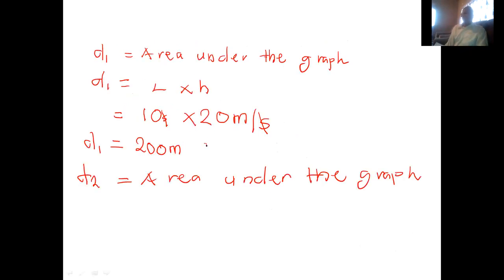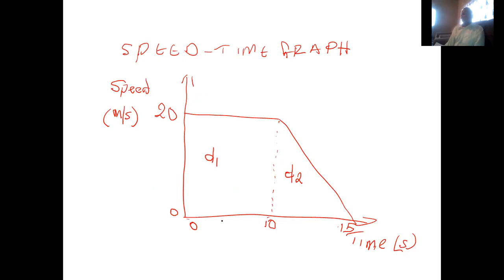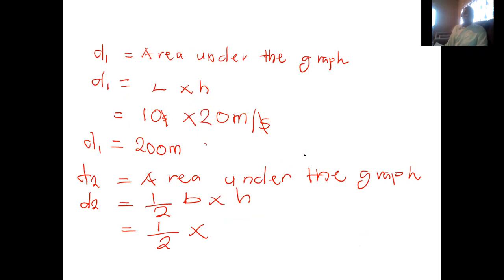So distance 2 is equal to half multiplied by the base, which is 15 minus 10, which is 5 seconds, multiplied by the height, which is 20 meters per second.